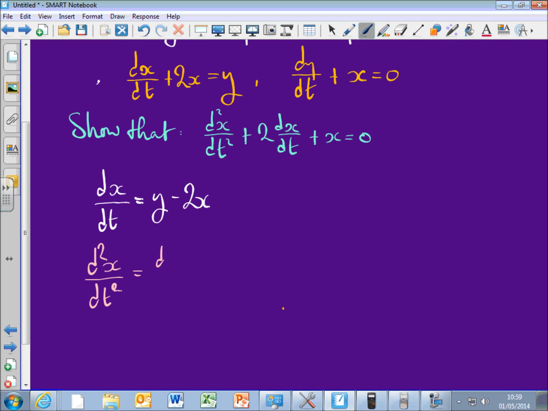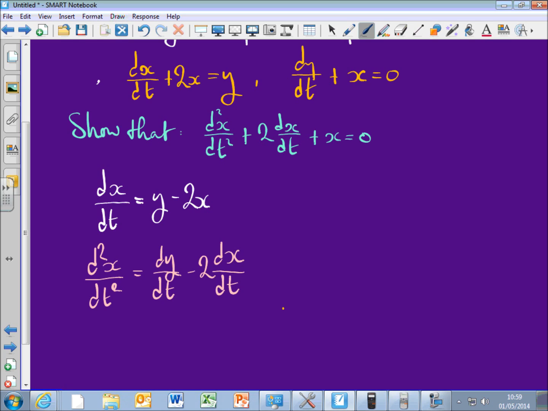With respect to t, yeah? Minus 2 dx dt. Is that true? Yeah? I'm differentiating with respect to t. Okay. Right. Have a look at it.